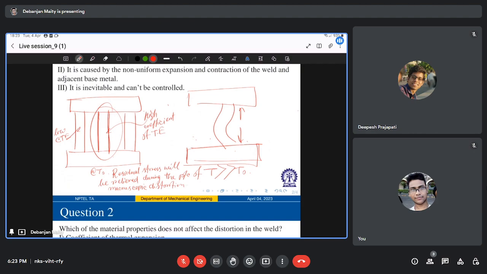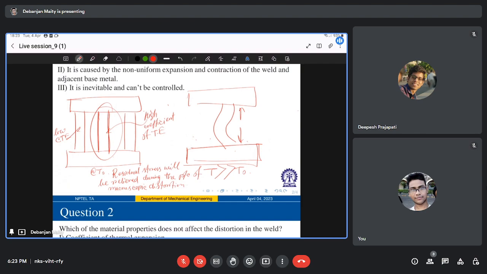So whether a particular material or structure is able to respond to this thermally induced stress by distorting macroscopically or not, what does it depend upon? This depends on its degree of constraint or restraint, how much it can restrain the distortion, right?